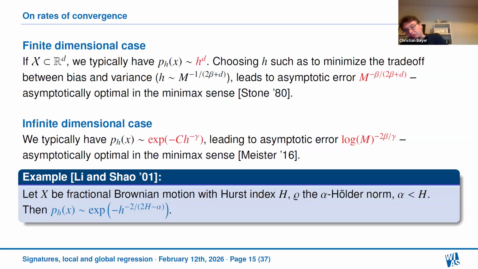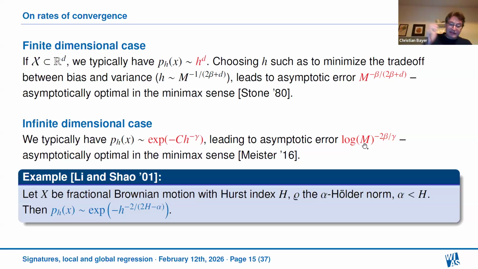What happens in the infinite dimensional case? Typically you expect this kind of exponential behavior of the small ball probabilities, and therefore this implies something like a logarithmic error in terms of the number of samples.